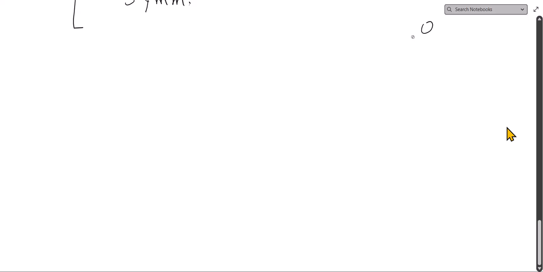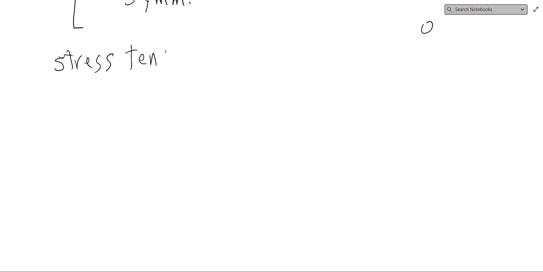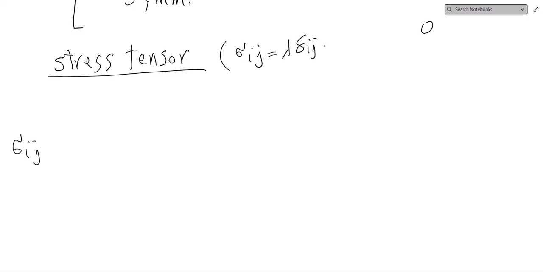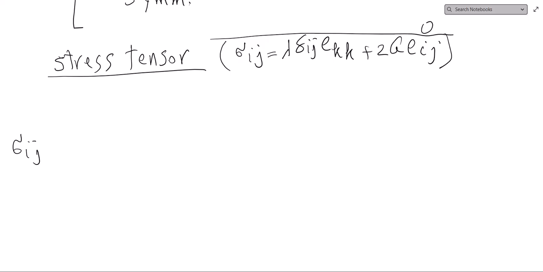Now the corresponding stress is according to this formula.